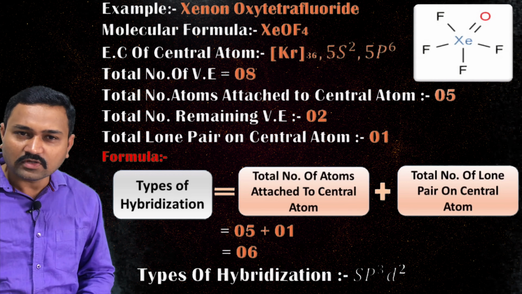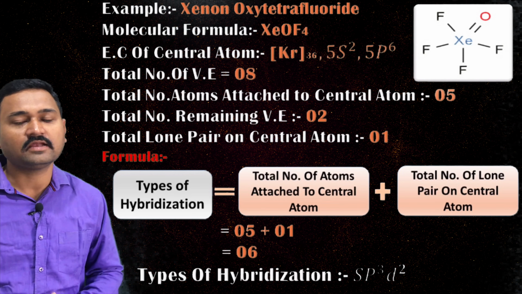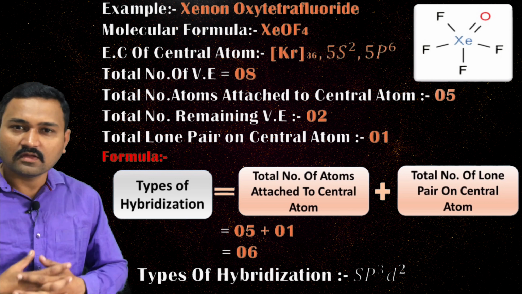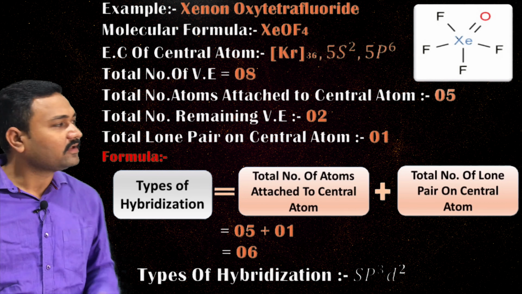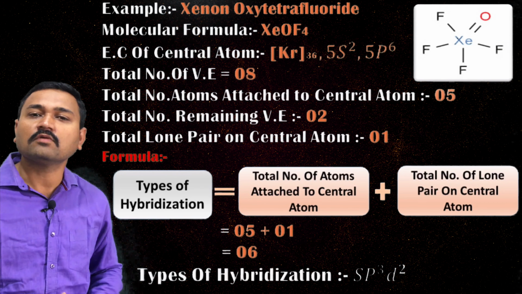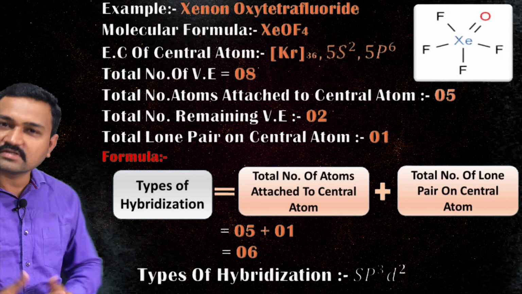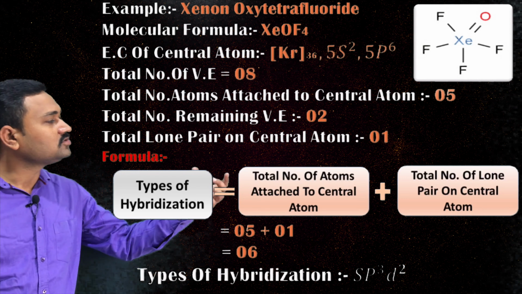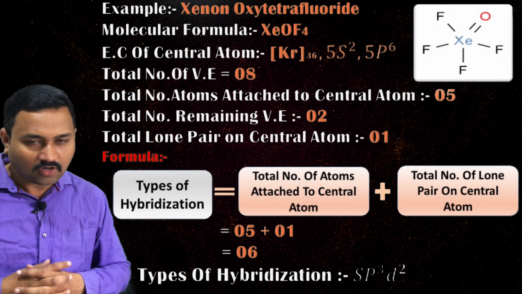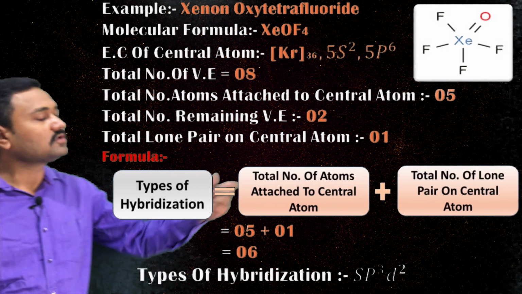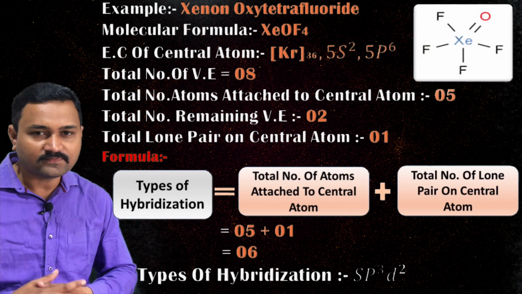Now, these 2 electrons are the remaining valence electrons on the xenon atom. As there are 2 electrons, the lone pair of electrons on the central atom is equal to 1. Again, use our simple formula: the total number of atoms attached to the central atom plus the total number of lone pairs of electrons on the central atom.